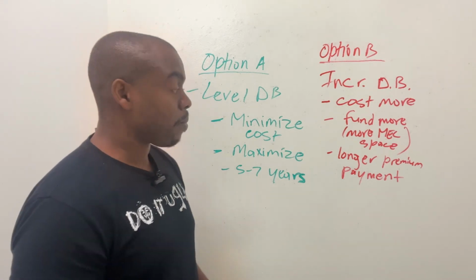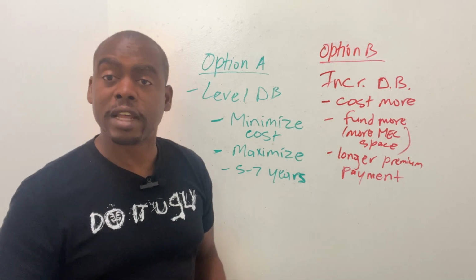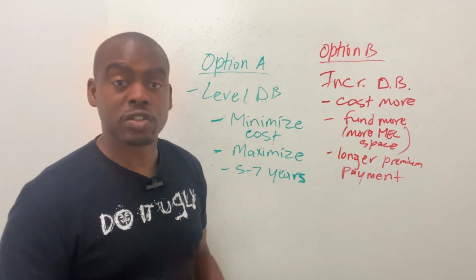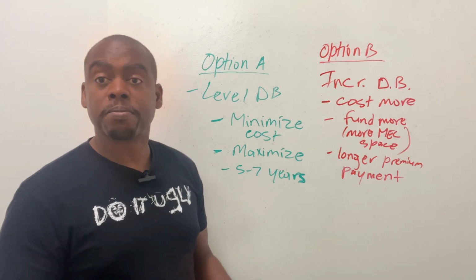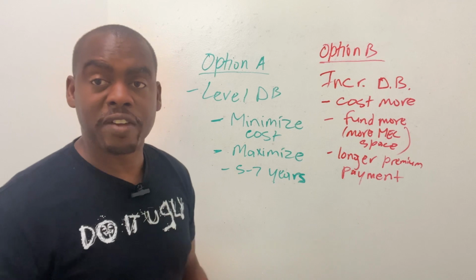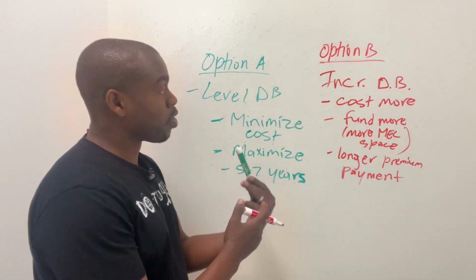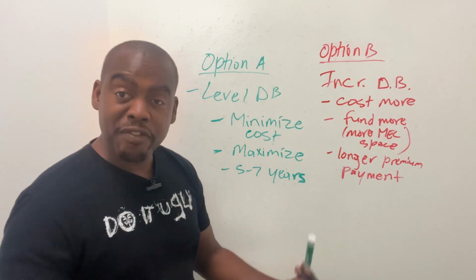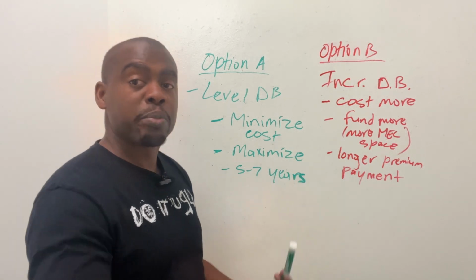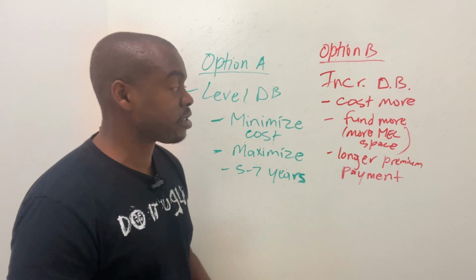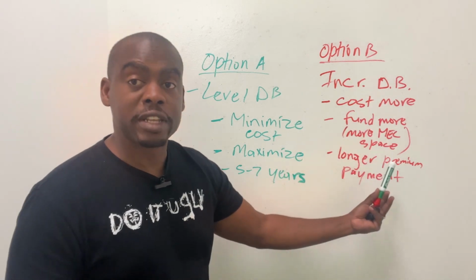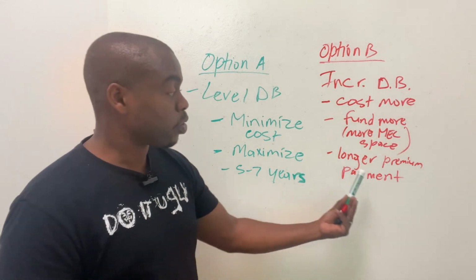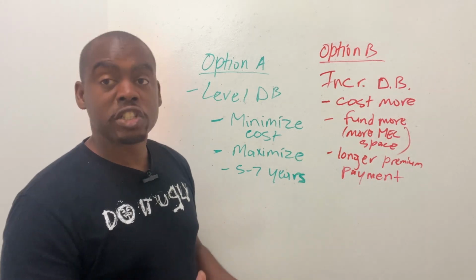Or if you have someone wealthy paying $100,000 a year for 5 years, or $200,000 for 5 years, those people should go with more level death benefit, right? But the average person that's going to be paying their premium for 30, 40 years should start with increase in death benefit. You would start with that and then you can change it later.